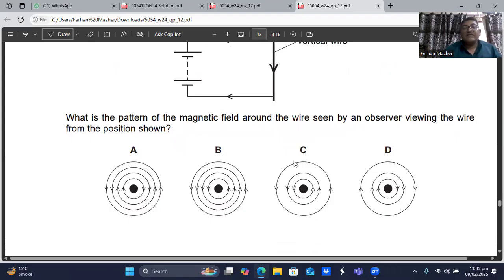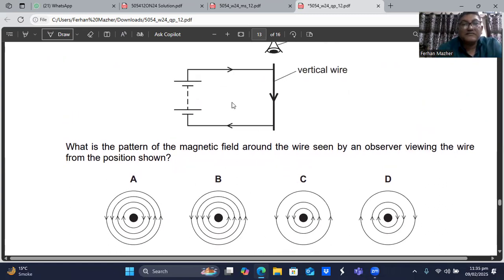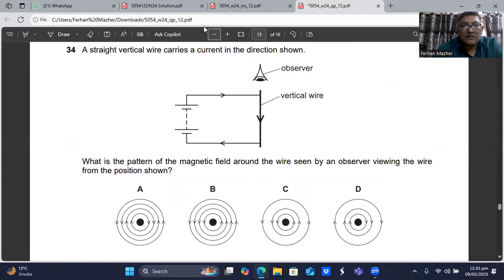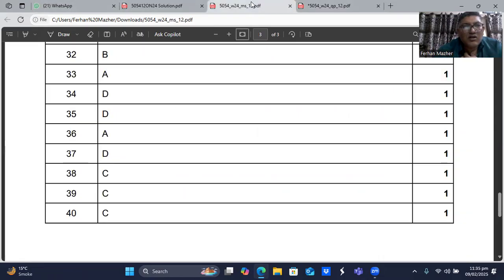D is the right answer, sir. They are showing clockwise. D, I think, is the best option. Question number 34, D is the right choice.